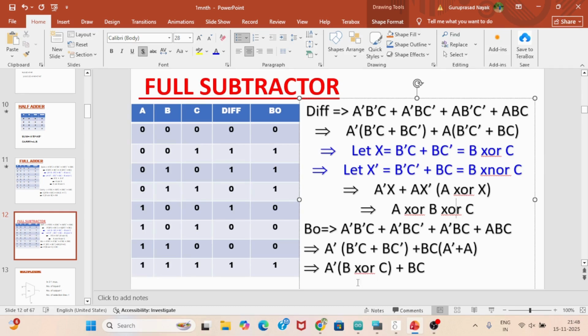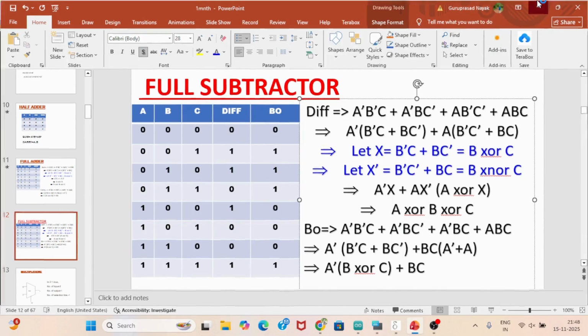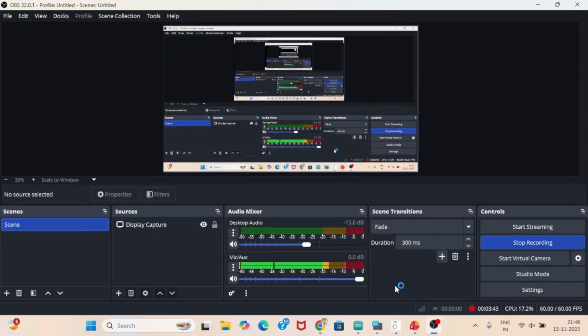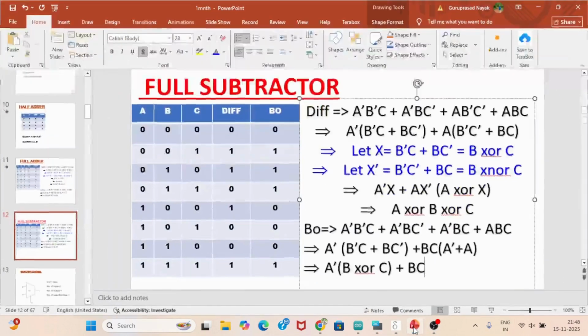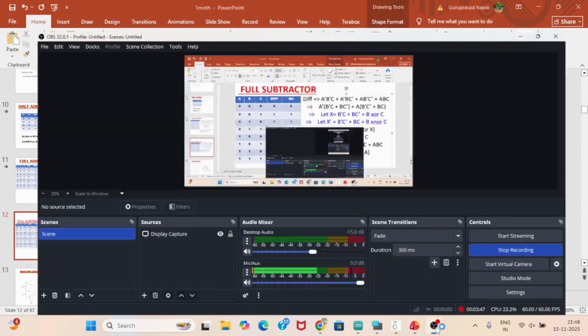Now we have to design a circuit. First, the circuit for A XOR B XOR C. I'm using my software to design the circuit.